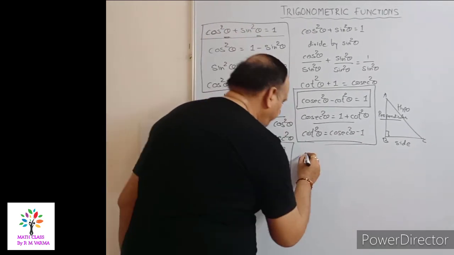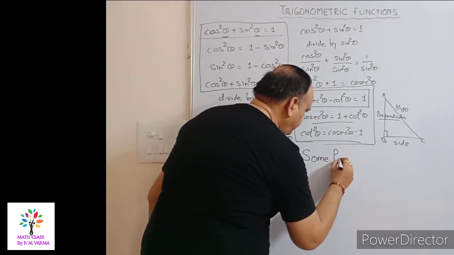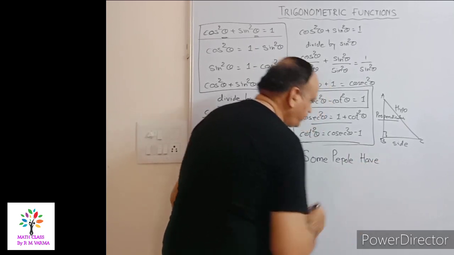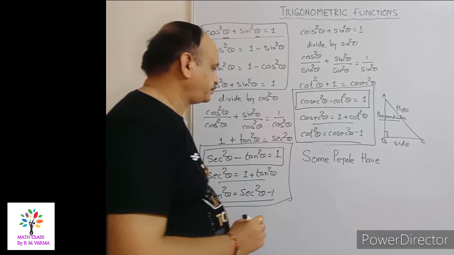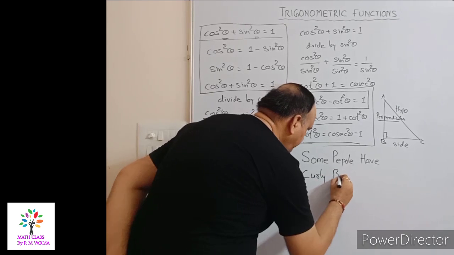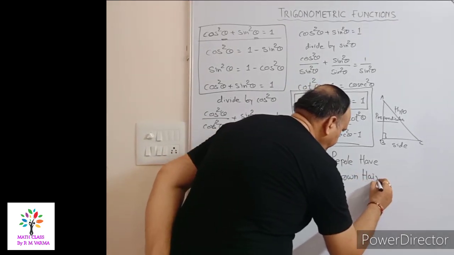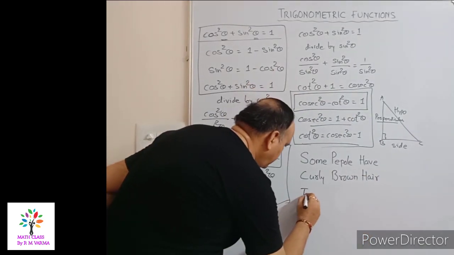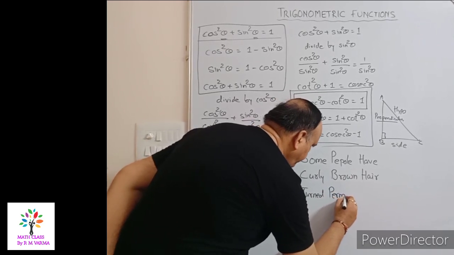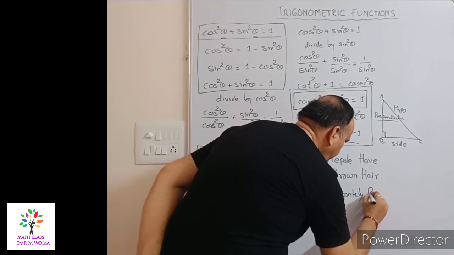Try to remember. Some people have curly brown hair turned permanently black.